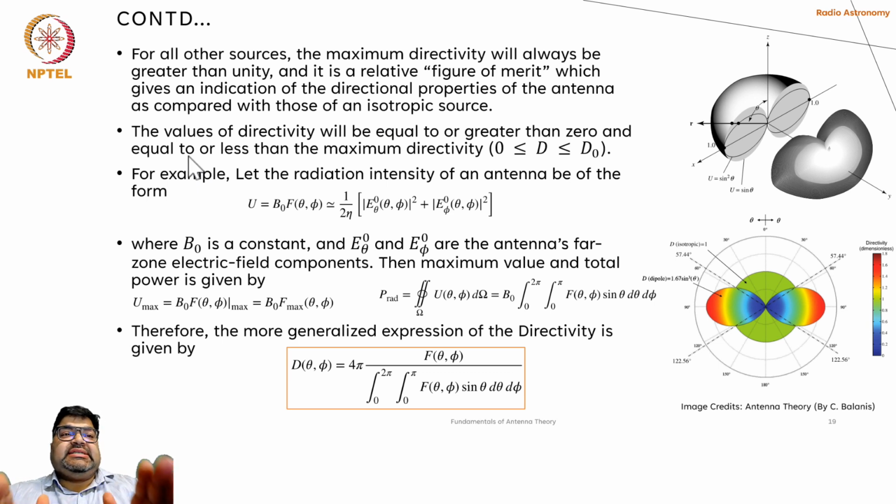Some antennas really need to be specifically designed so that they have maximum gain or maximum sensitivity towards a particular direction, for example, for satellite communication. The isotropic source is the ideal thing if you really want the radiation to be in all directions, omnidirectional. The values of directivity will be equal to or greater than 0 and equal to or less than the maximum directivity.